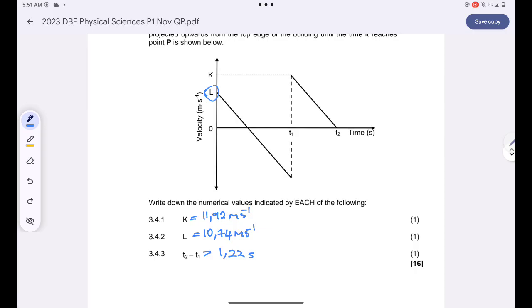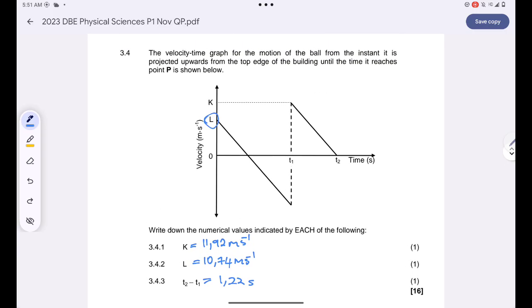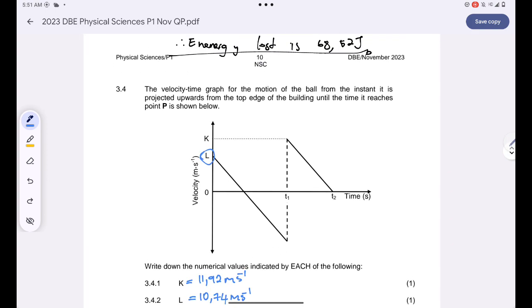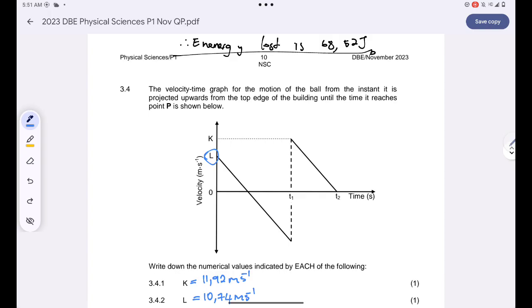Now I'm about to answer for those who prefer taking downwards as positive. In this case they were biased because in this velocity time graph they've taken up as positive.